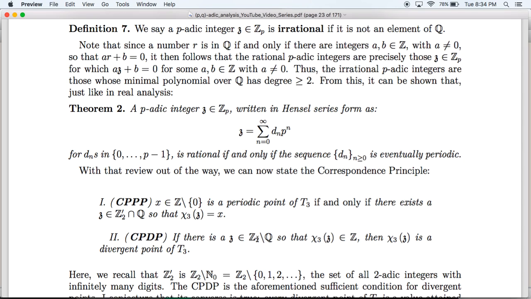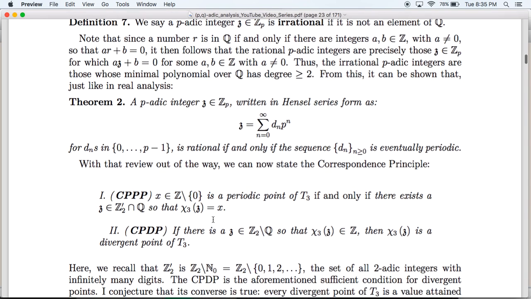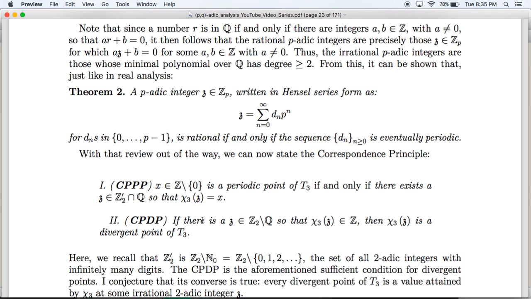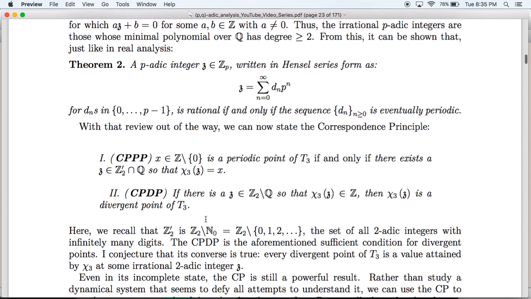This also then leads to probably the prettiest thing I found in my dissertation, which is that there is a correspondence: the periodic points are precisely the integer values that chi_3 attains for rational 2-adic inputs, and the divergent points are the integer values that chi_3 attains for irrational inputs, which I think is pretty sweet. So again, I conjecture that the converse of this is true, but I don't know how to prove it.